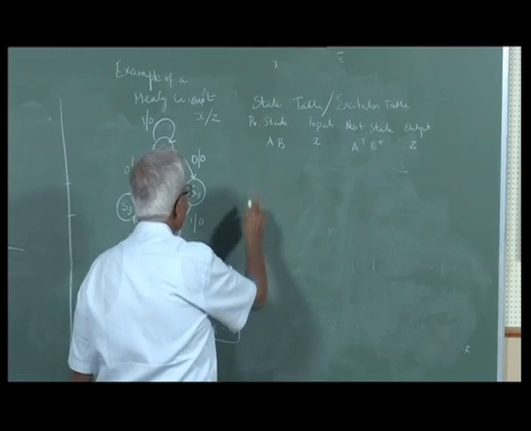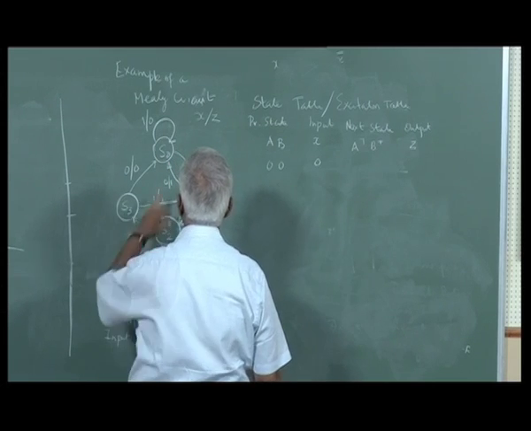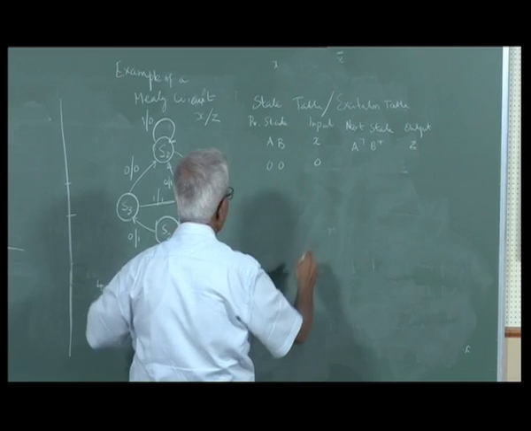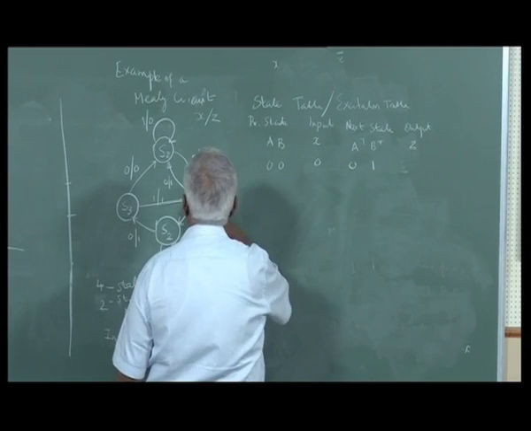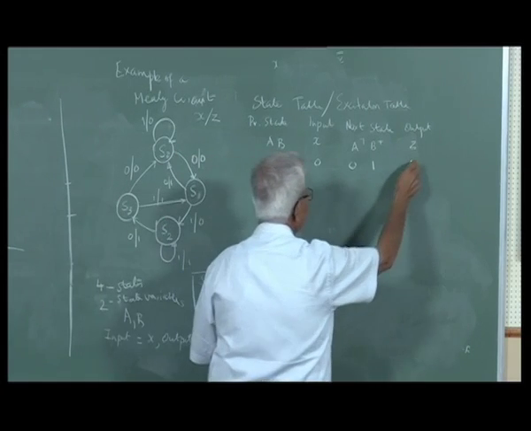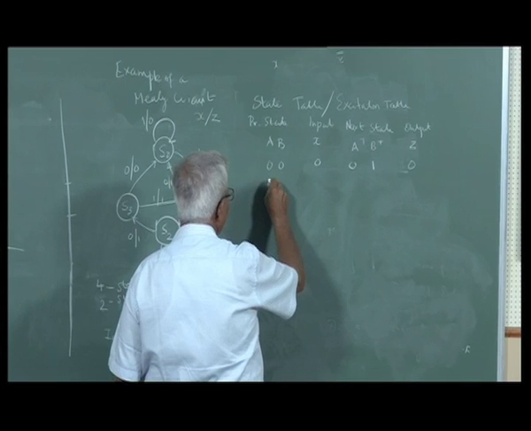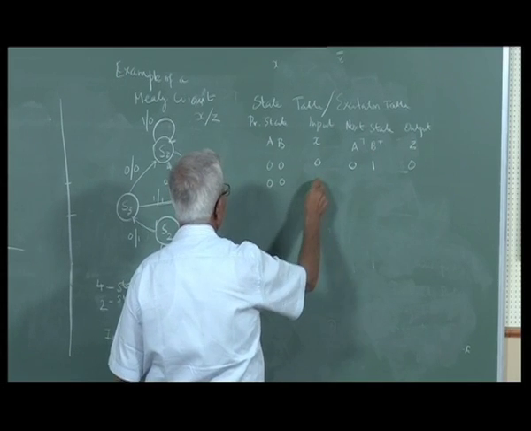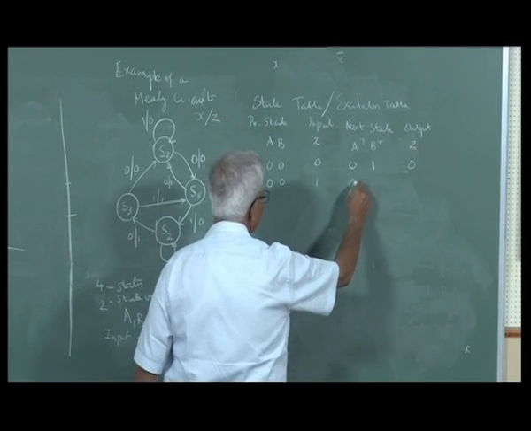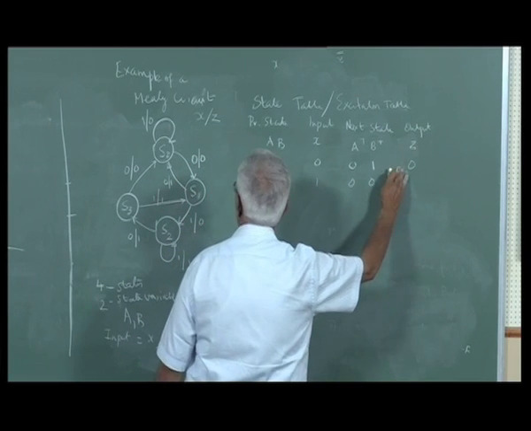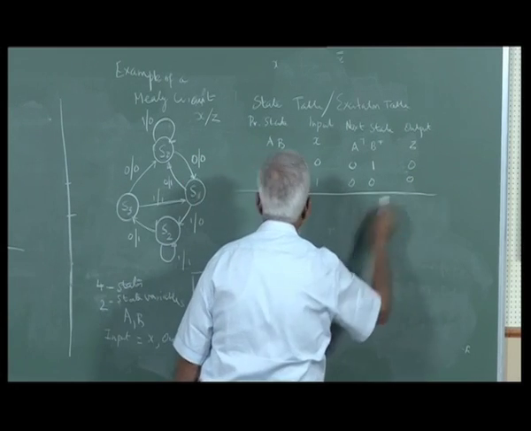You are in the 0 0 state, X is 0, it goes to S1 state, and the output is 0. If you are in circuit AB and the input is 1, it remains in S0, producing the output 0. This is S0.